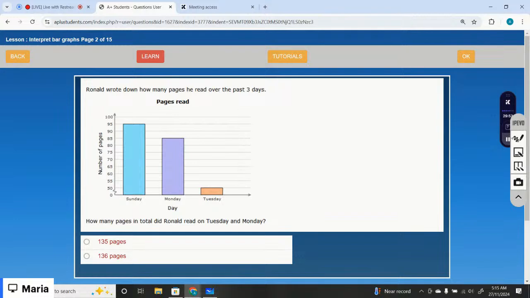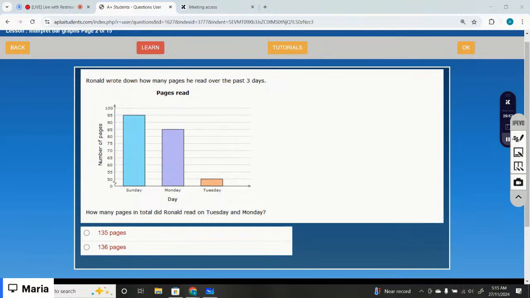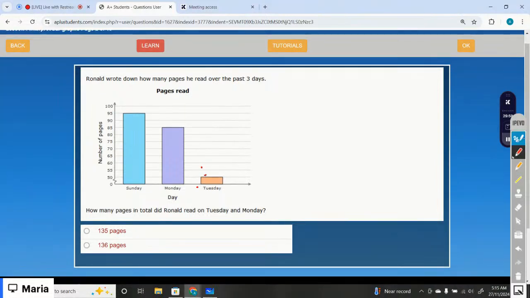So, on Tuesday, he read 50 pages, and on Monday, 85 it is. So, 85 plus 50 is 135 pages. The correct option is option number 1. That is 135 pages.